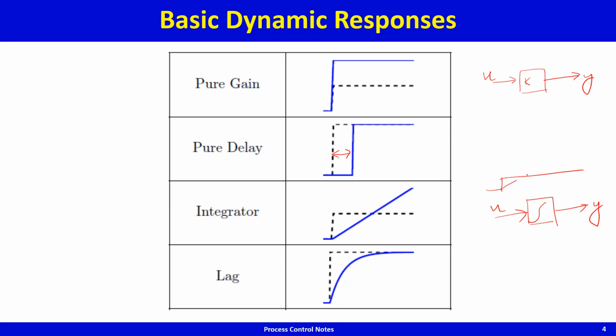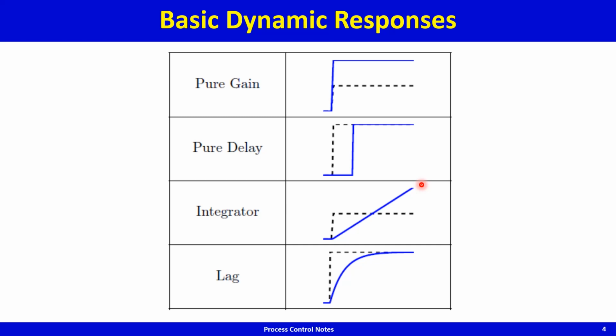Output would be a ramp. That's what is shown here. Input changes as a step, output is changing as a ramp, and the slope of this ramp is 1. If the change in the input is unity, the slope of this ramp is 1.